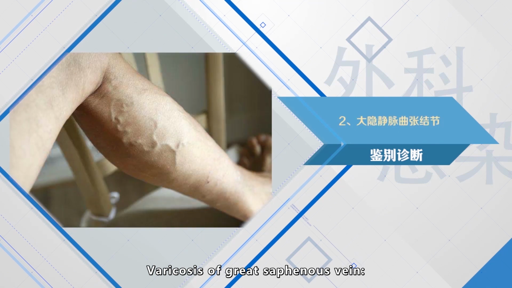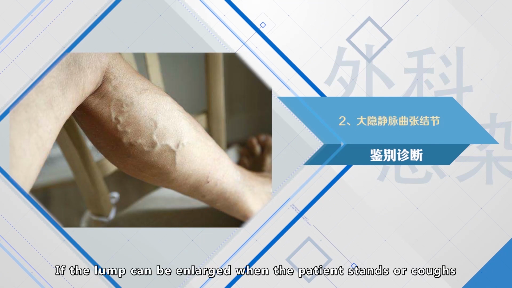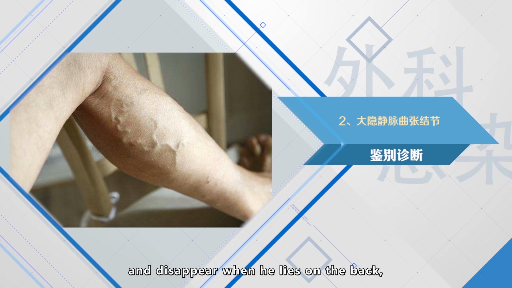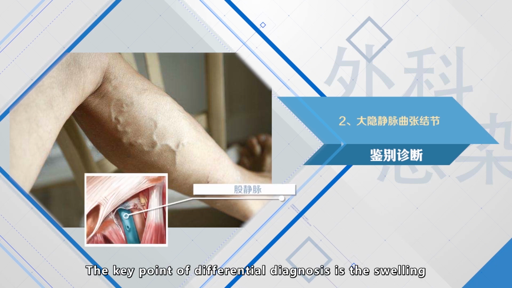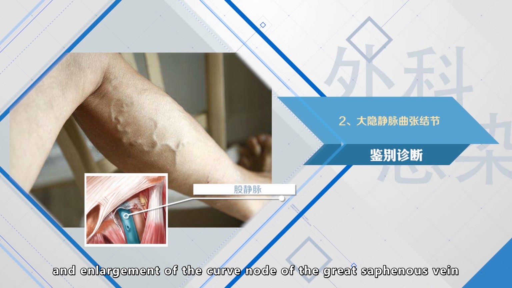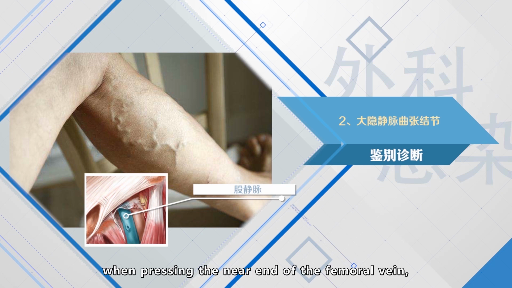Varicosis of the great saphenous vein. If the lump can be enlarged when the patient stands or coughs and disappears when he lies on the back, it may be mistakenly taken as a reducible femoral hernia. The key point of differential diagnosis is the swelling and enlargement of the varicose node of the great saphenous vein when pressing the near end of the femoral vein, and it is not the case for femoral hernia.